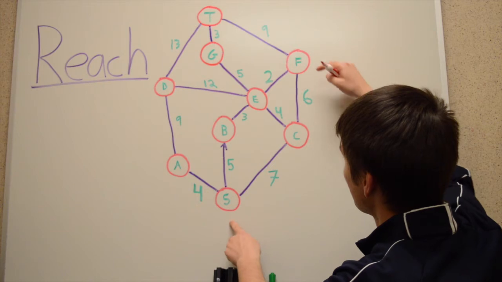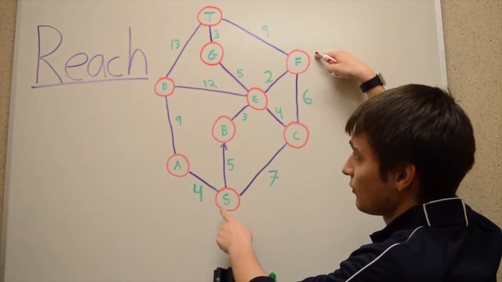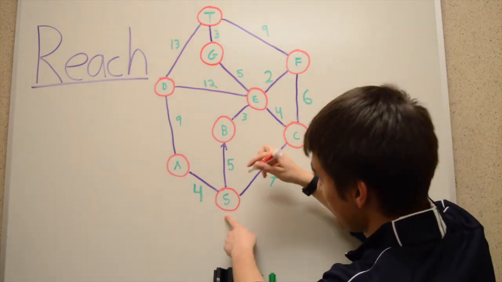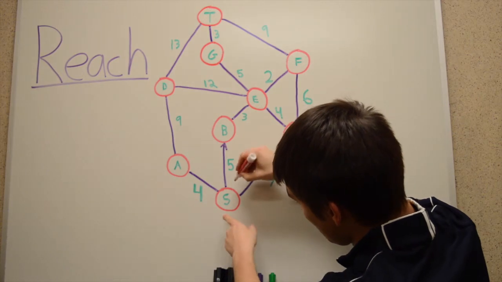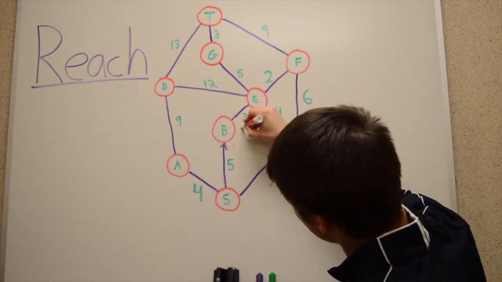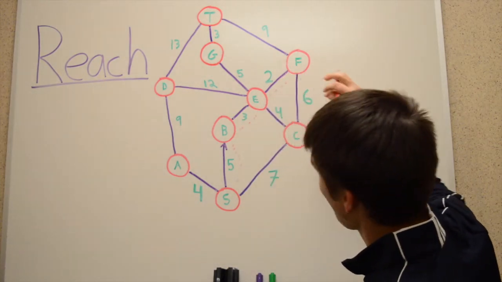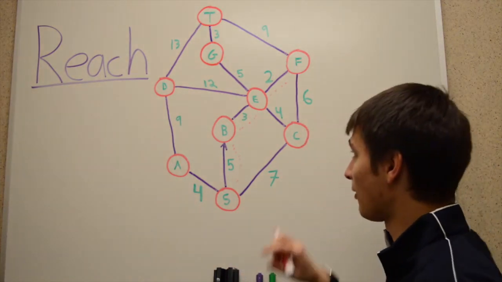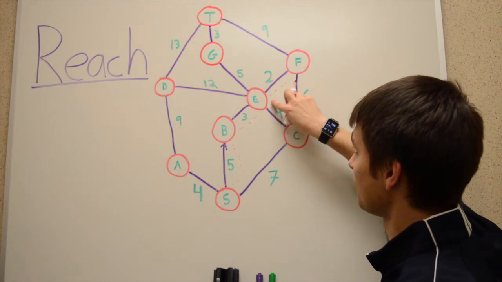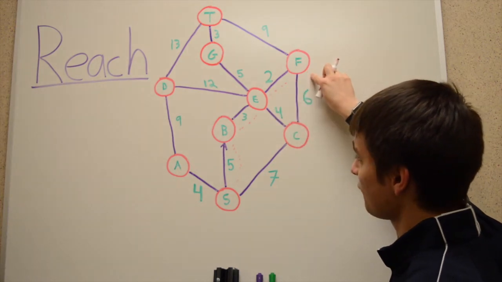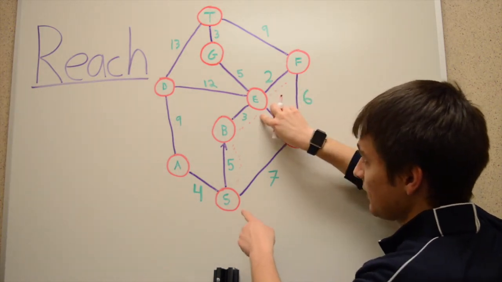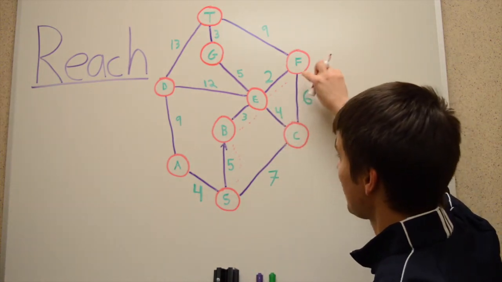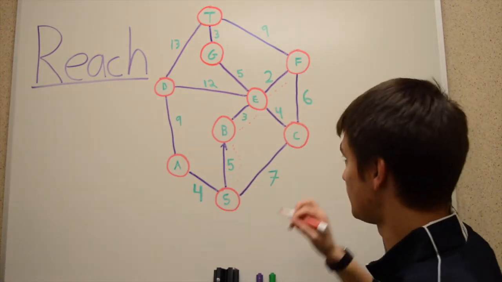So, say you're going from S to F, and you know that the shortest path is among these nodes, S to B to E to F, giving you a shortest path distance of 10. Now, the shorter of the two is either E to F or S to E. Now you know S to E is 8 and E to F is 2, so the shorter of the two is obviously 2.